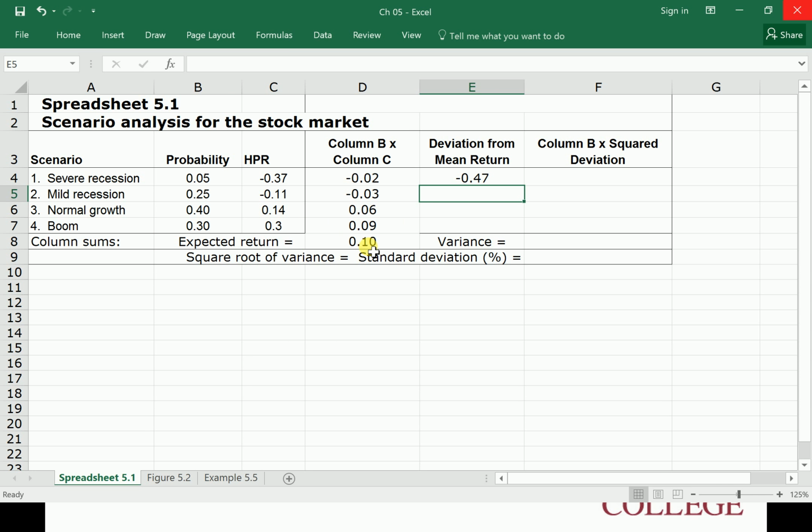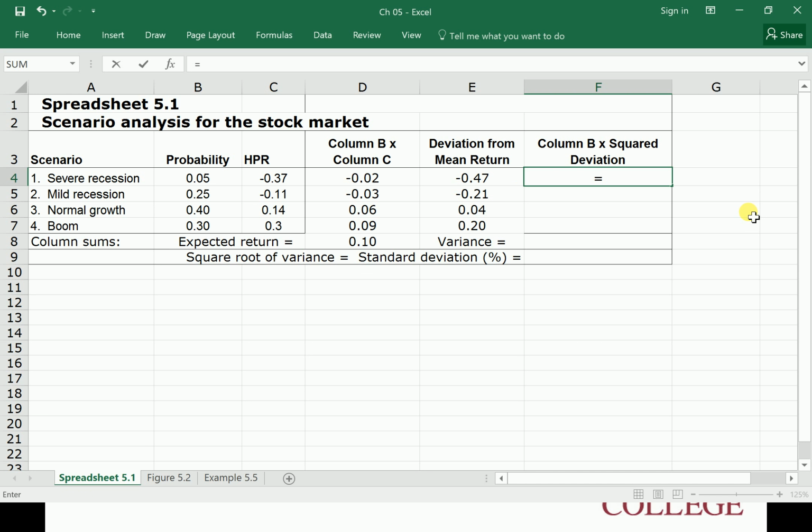So let's just fix it, D8, and then copy everything. Then that's the deviation. Now this deviation may be negative or positive. So to mitigate this effect, we just square this deviation, which makes all of them positive numbers.